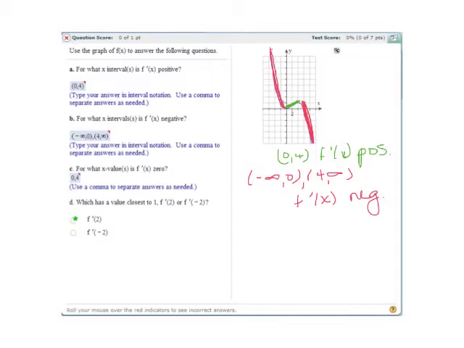All right, so the next question is, for what values is f prime 0? Right, we're looking for that top of the hill, bottom of the valley, or a place where we might have a change in direction at that one point. So if we consider that on this graph, there is a change in direction. We go from decreasing to increasing, or f prime is negative, and it changes to positive right there at 0.